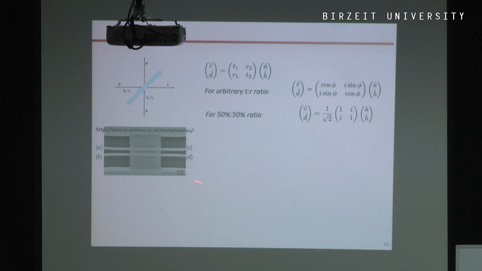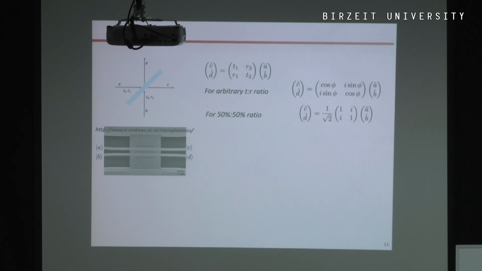This one looks symmetric enough that I would assume this is 50-50. And in fact, everything that I'm telling you about, and you know from your optics class, can be reproduced in semiconductors scaled down to the sizes where everything is within the wavelength of the photon that you are propagating.